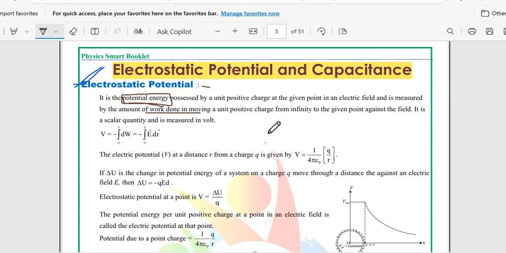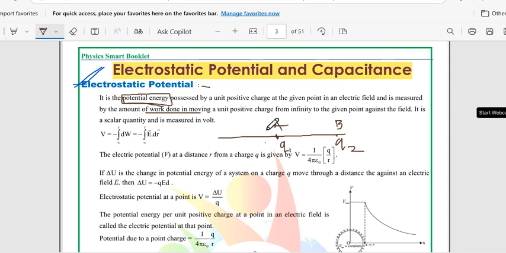See, suppose I consider the electric field. Let us consider this is a unit positive charge A, and this is another charge B. So this is charge Q1 and this is charge Q2.